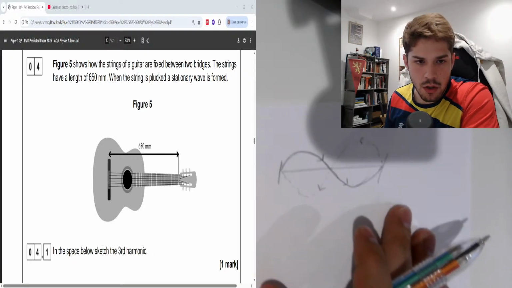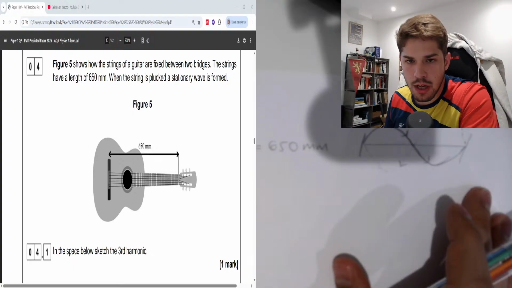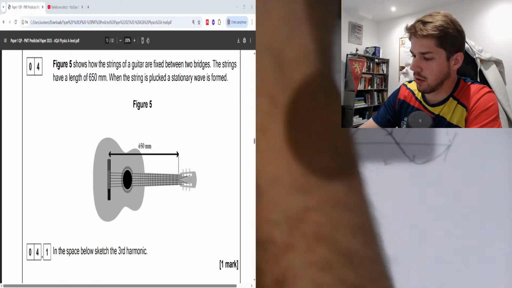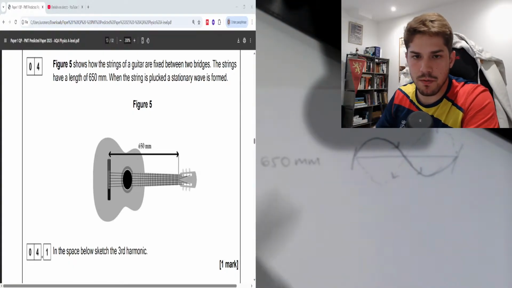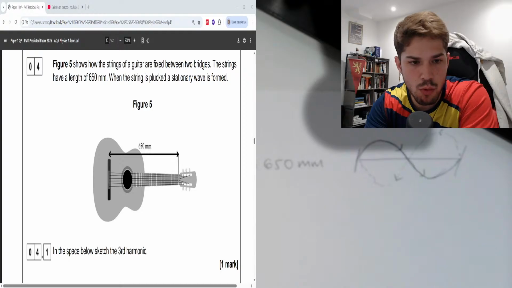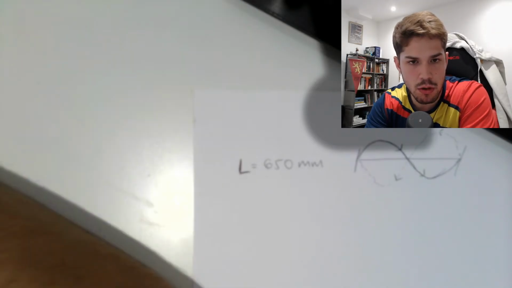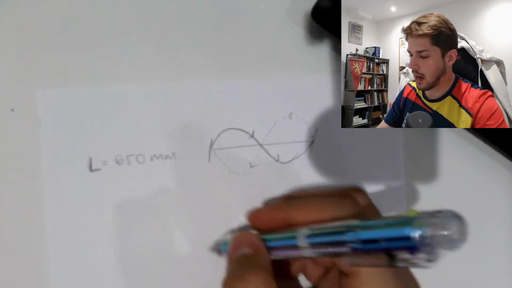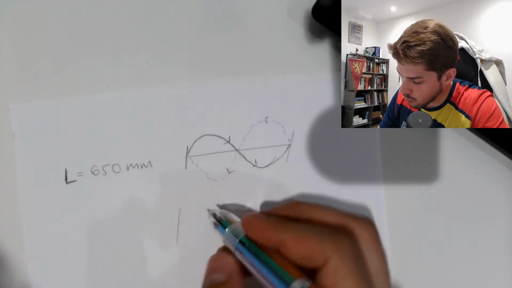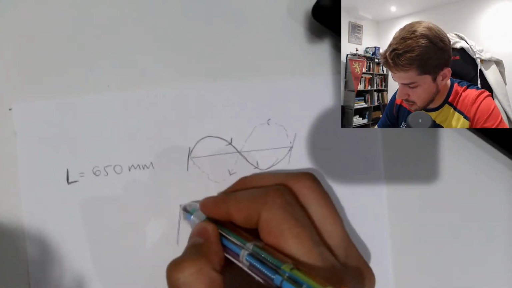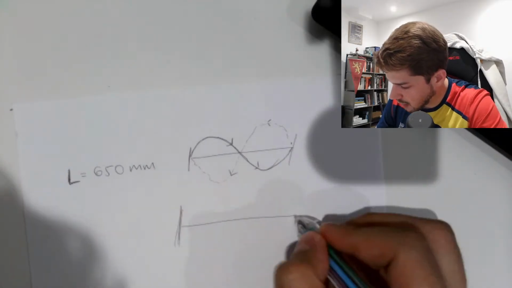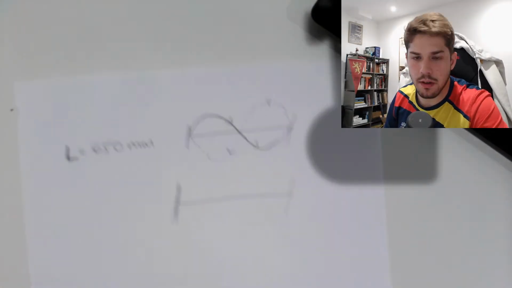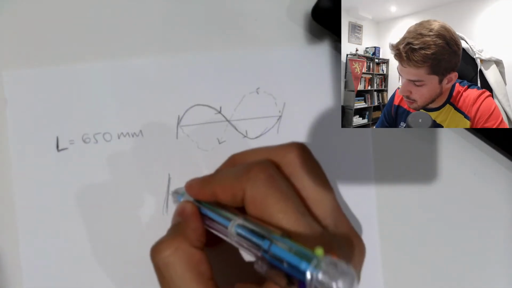Okay, so first they're asking me to do the third harmonic. Let's talk about the harmonics for a little bit. Wait a second, I will remove the image. Okay, so now I have more space to draw. The harmonics are the different waves that can be formed fixed at two ends.